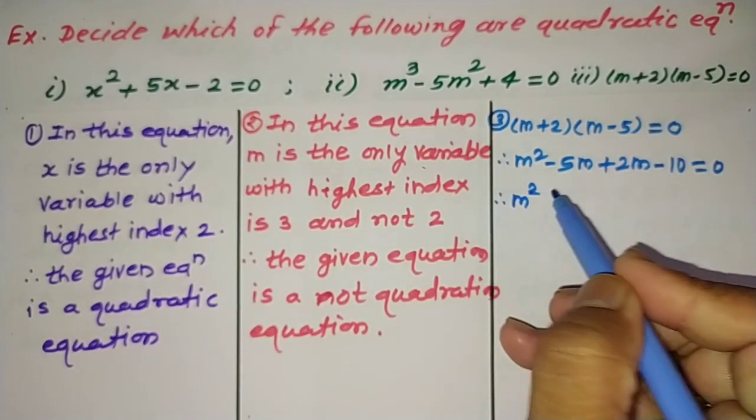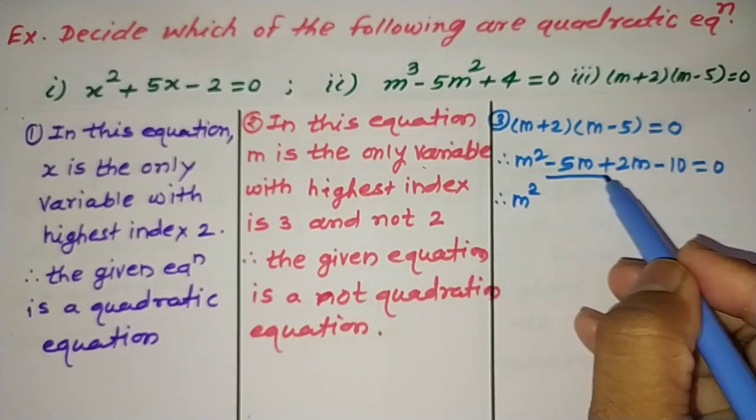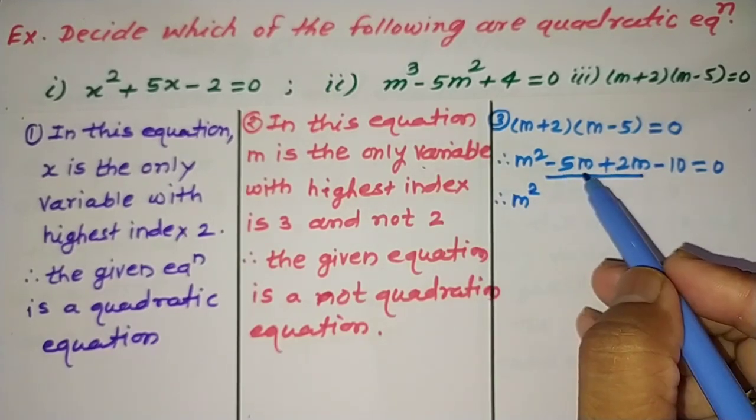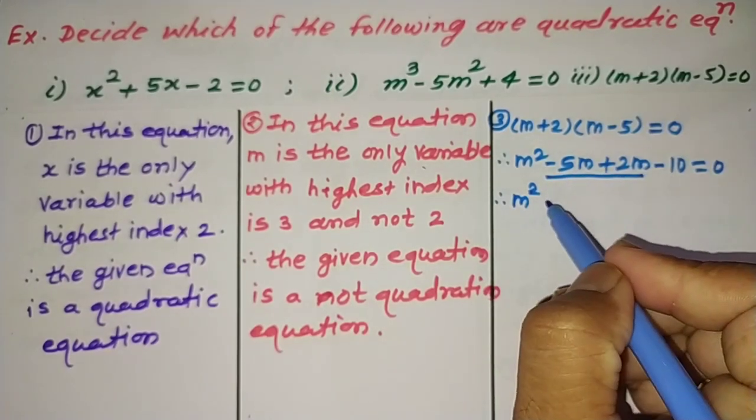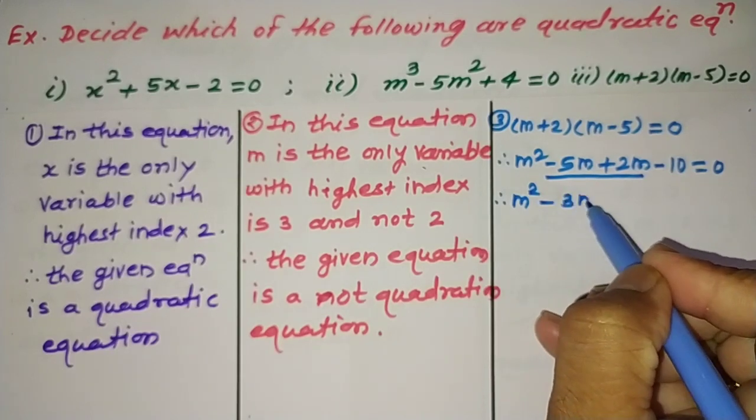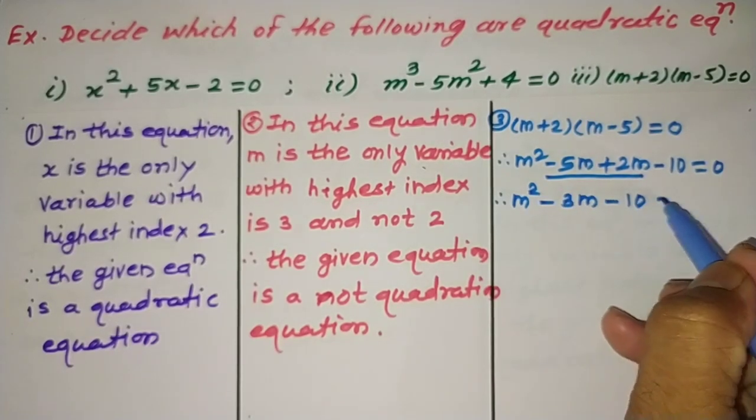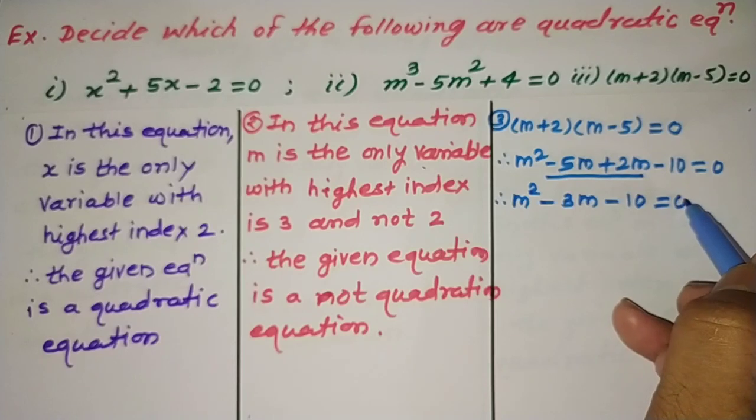Adding like terms: m square minus 5m plus 2m is minus 3m, minus 10 is equal to 0.